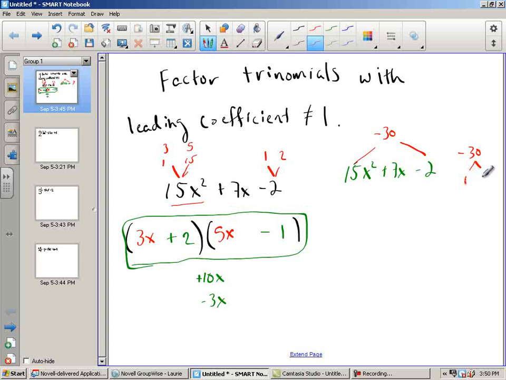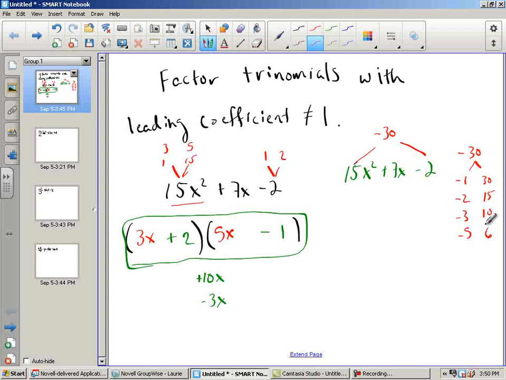And so I'll try things like 1 and 30, 2 and 15, 3 and 10, and I think I've got 5 and 6. The signs are going to be different, and the big one should be positive, so I'll make these negatives real quick. This is a little more similar to what we were doing before, but there will be some significant differences. And if this doesn't make sense, I want you to stick to the guess and check method.